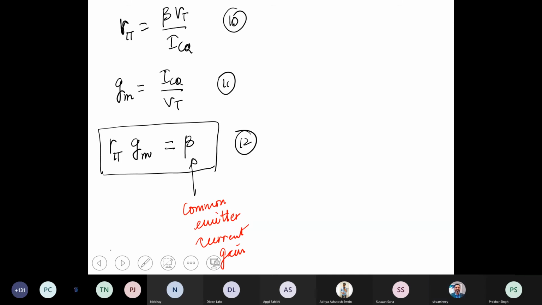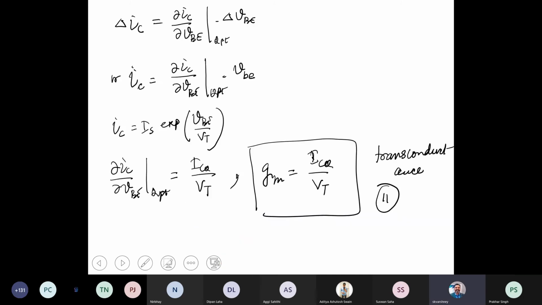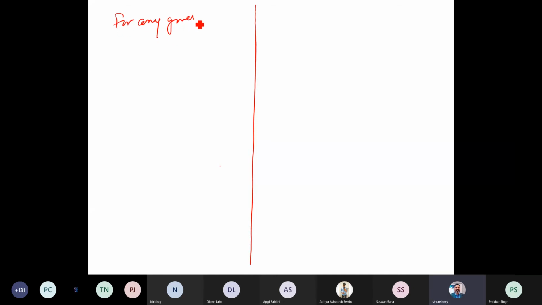So to summarize, what we have to do for any given circuit with an AC signal, which means you're talking about the amplification part, is this.